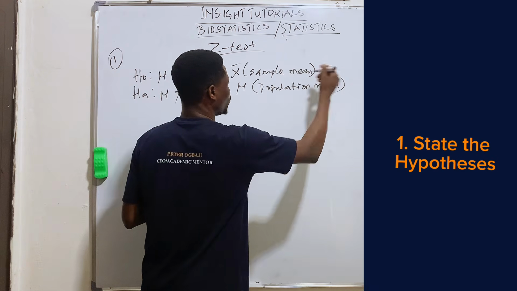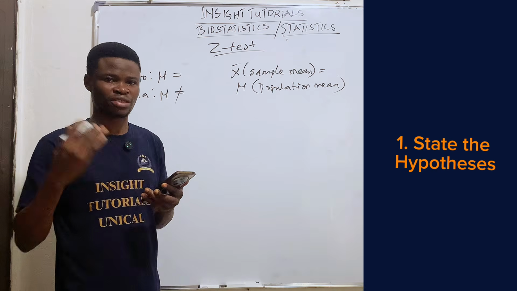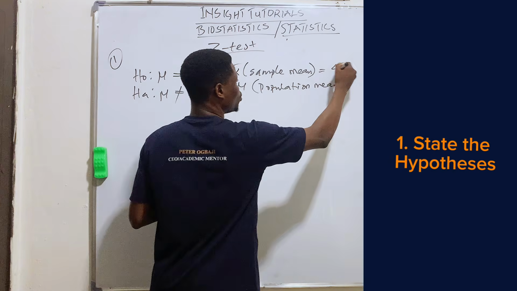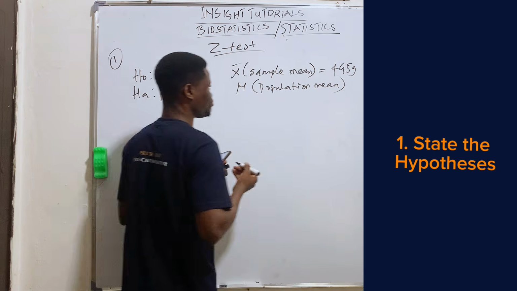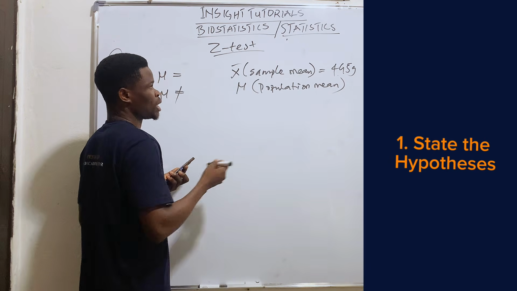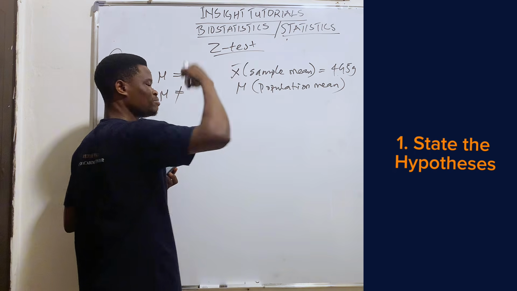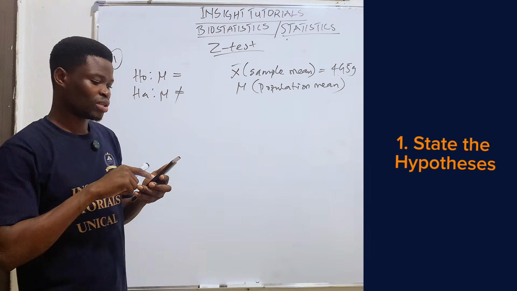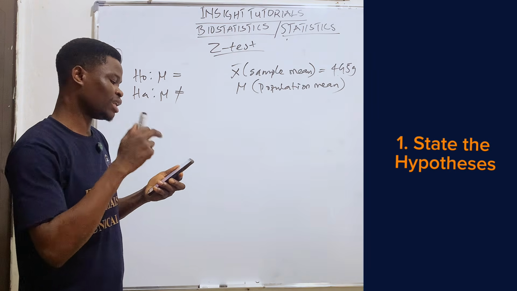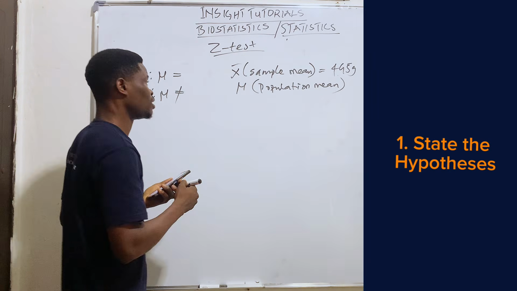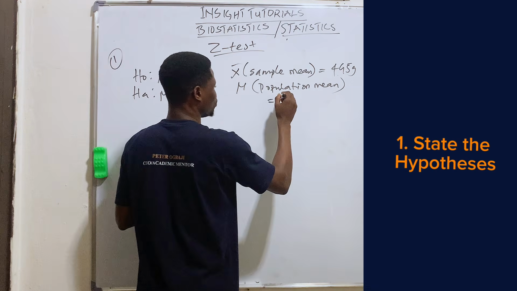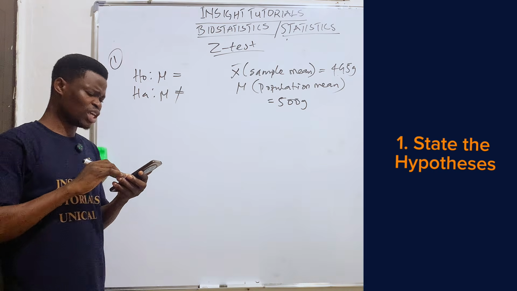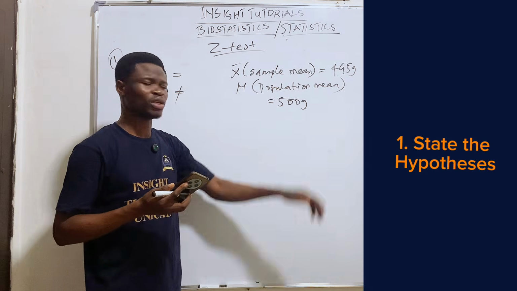In this very question, they took out 36 boxes, and when they sampled them, they found out that the average weight of those 36 boxes was 495 grams. And the weight that the manufacturer claims for the cereal bags, the population weight, is 500 grams. So the argument will really be hinged on this particular population mean.